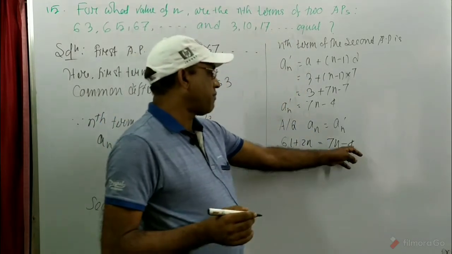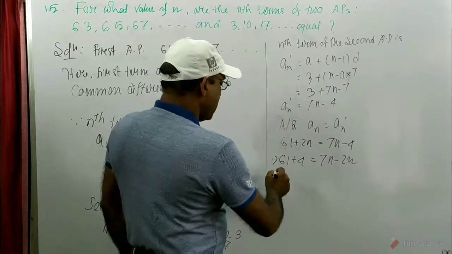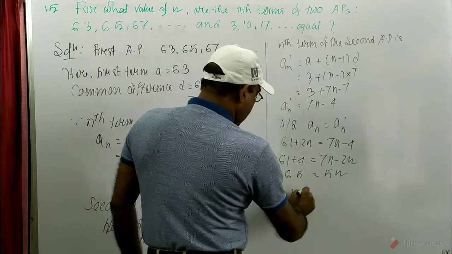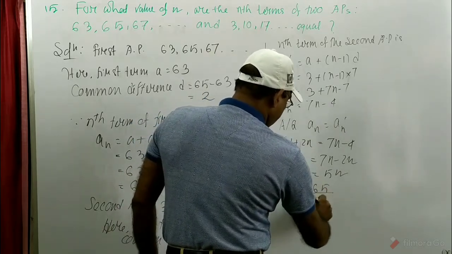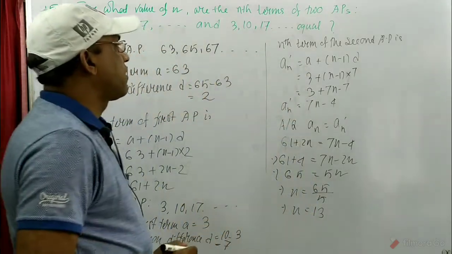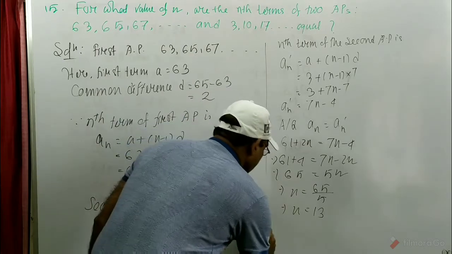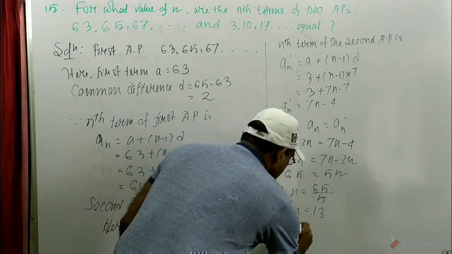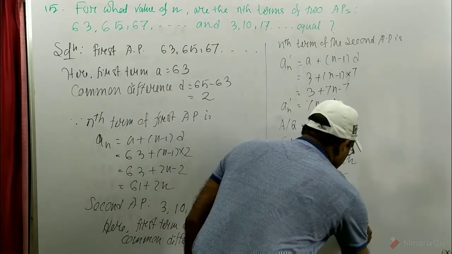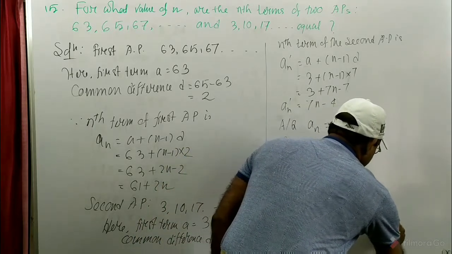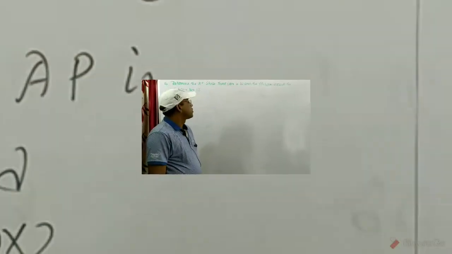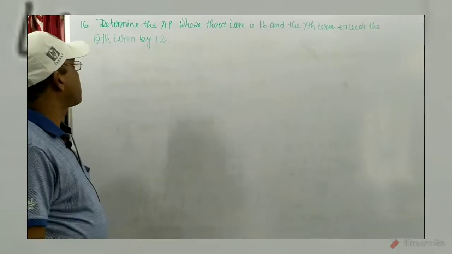We take 4 to the left hand side and twice n to the right hand side, and this gives 65 equals 5n, and n equals 65 by 5, so n equals 13. Therefore the required value of n is 13. This is our answer.